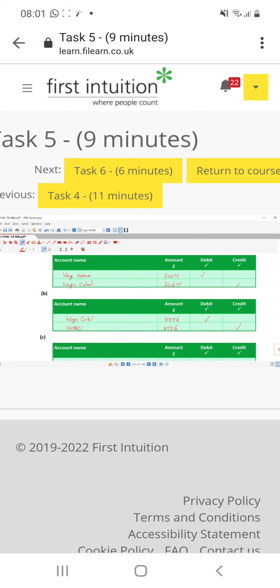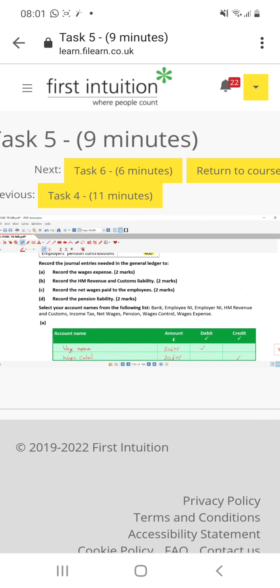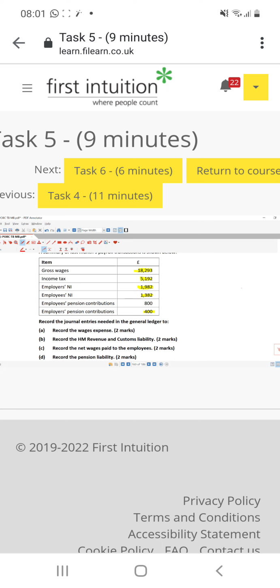For part C, they have said record the net wages to be paid to the employee. With this one, we will start with the gross wages, but we must think what deductions the employee themselves are making in order to come to their net wages.